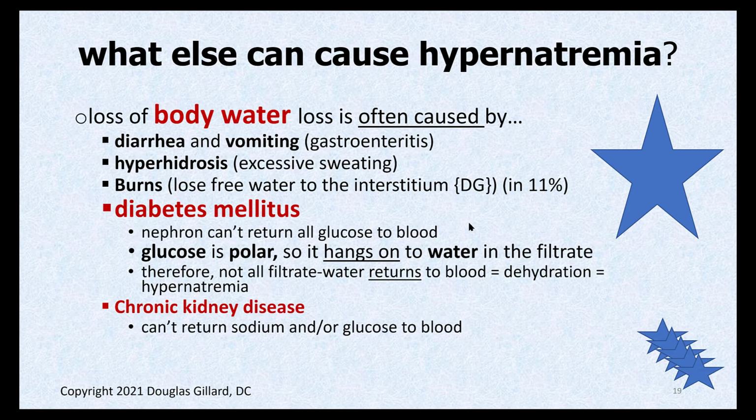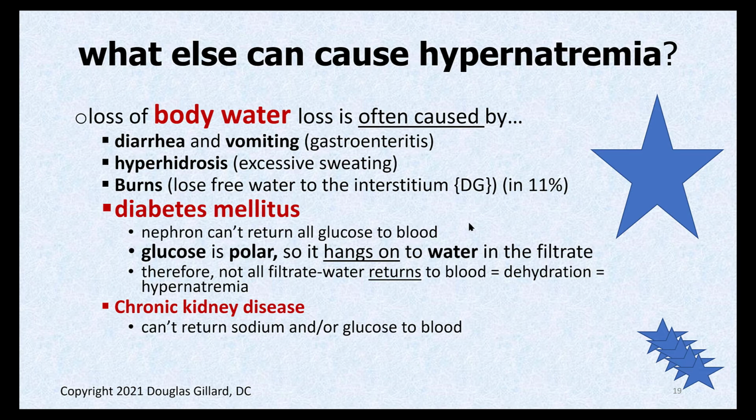So with diabetes mellitus, you have too much glucose floating around in the blood all the time. Some of that gets into the filtrate and can't be reabsorbed. But it's almost like sodium and water's relationship. Glucose is a very polar, very hydrophilic molecule, and loves water to hang on to it.